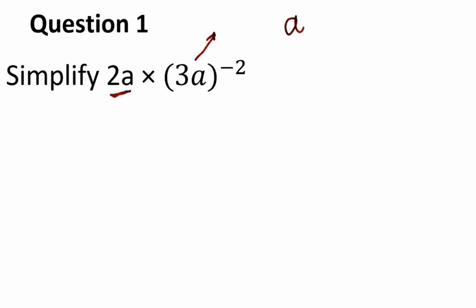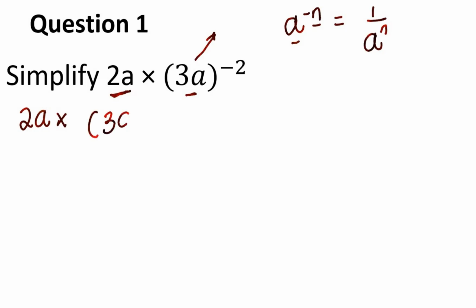There's this rule: if you have a to the power of negative n, it is the same as 1 over a to the power of n. Bring out the 2a times, then we have (3a) to the power of negative 2.